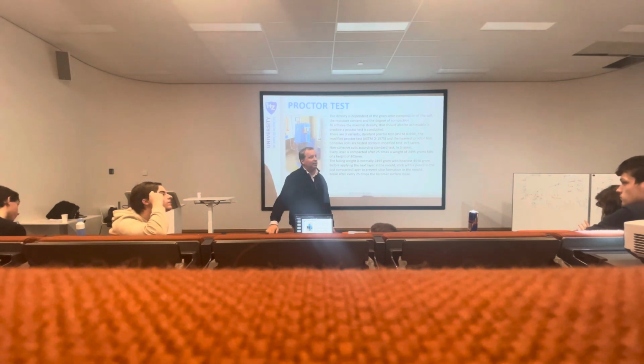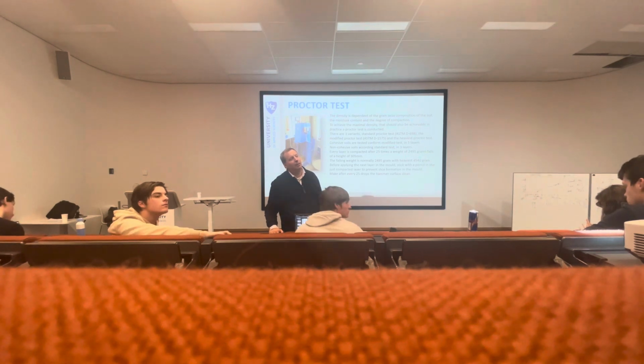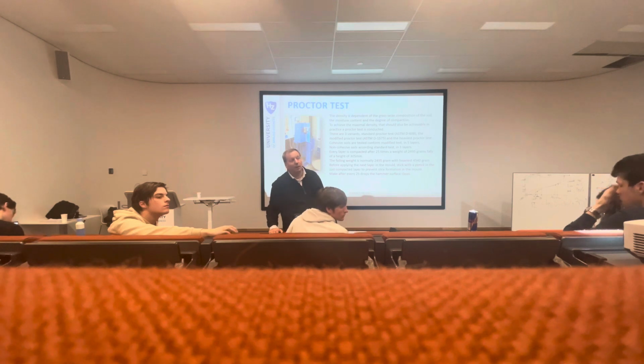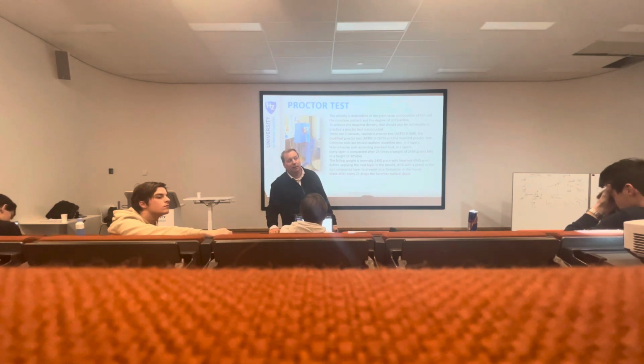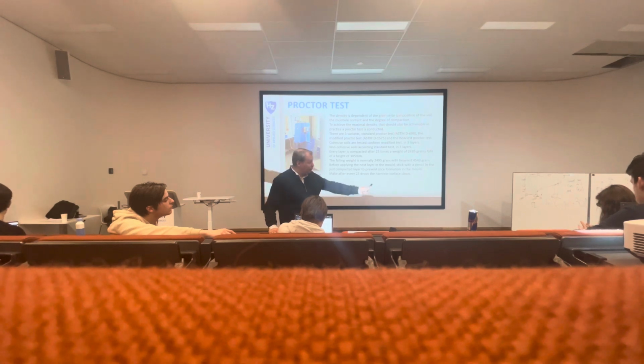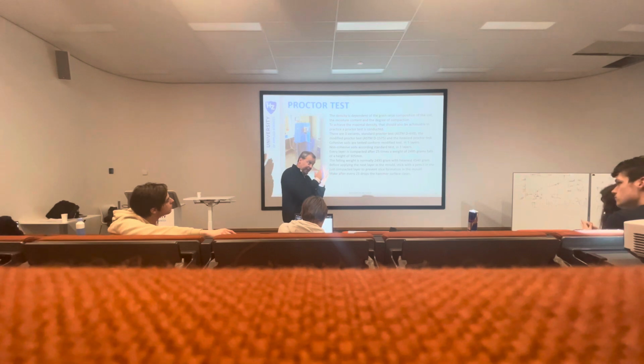Yes? Explain how to get your curve. Add water. But first of all, you take it dry. Dry, yes, and then you keep adding moisture. Exactly. To get that curve, you add some water so you get a higher moisture content, you get a higher density.